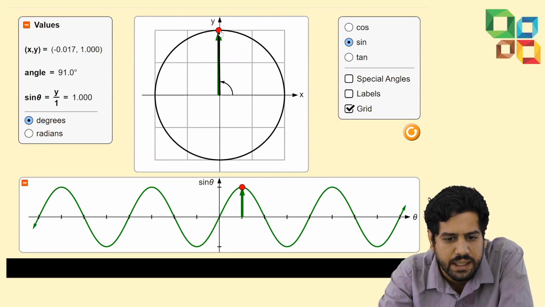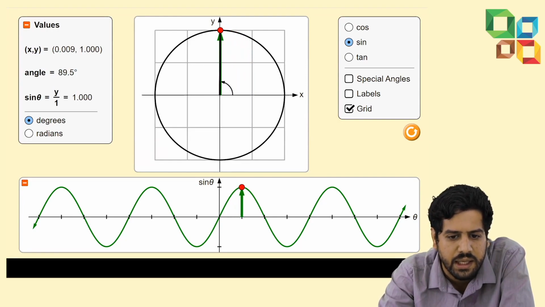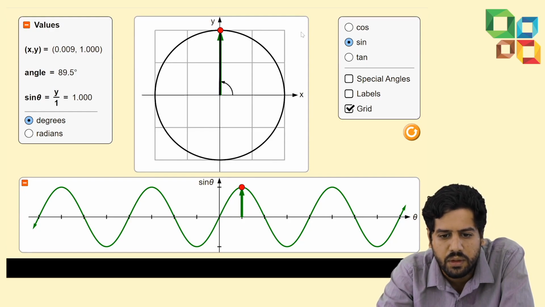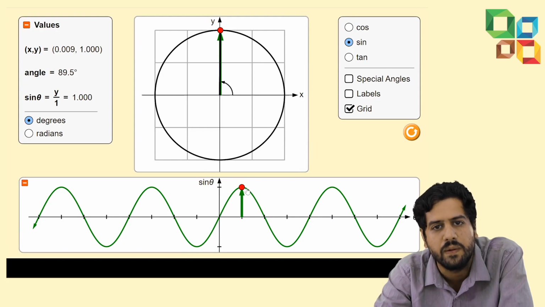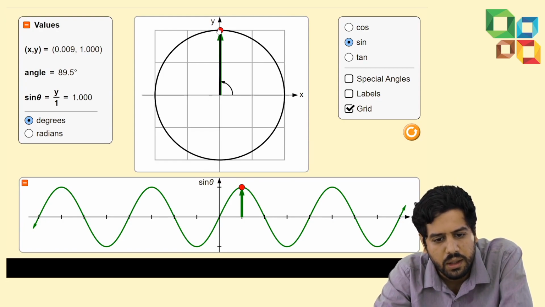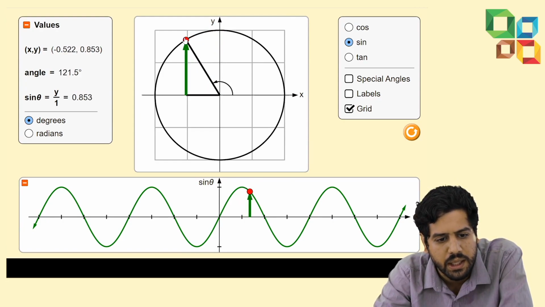You say sine 90 degrees. 90 degrees is just this line, right? And the vertical value is just 1 here. So sine of 90 degrees, which is pi by 2, will be 1. Then 120 degrees, which is 2 pi by 3, you take the value and extend this.